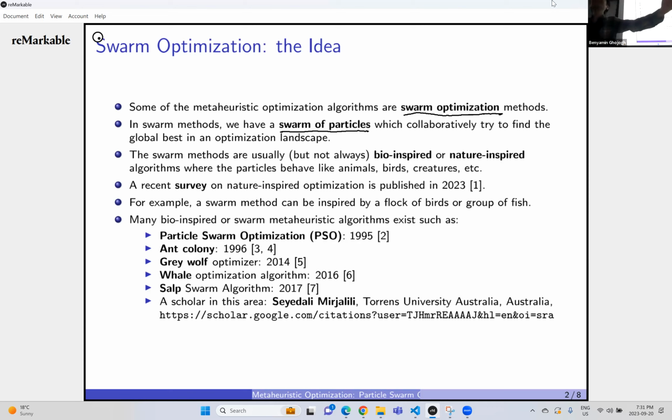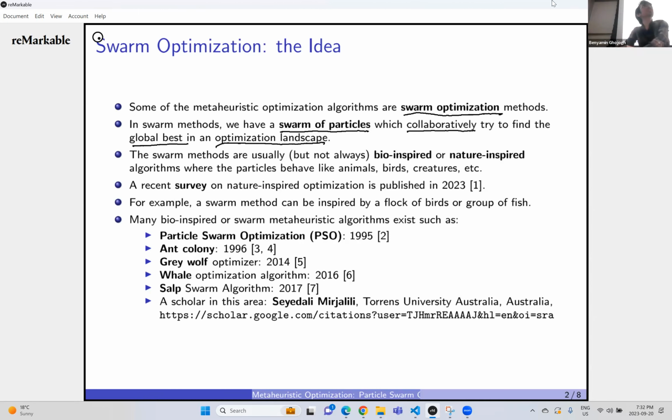A group of particles, a team of particles, like a flock of birds, which collaboratively try to find the global best in an optimization landscape. So far, in local search and simulated annealing, we didn't have several particles collaborating. It was one particle searching. Agreed? So far, we had only one particle searching around and updating itself.